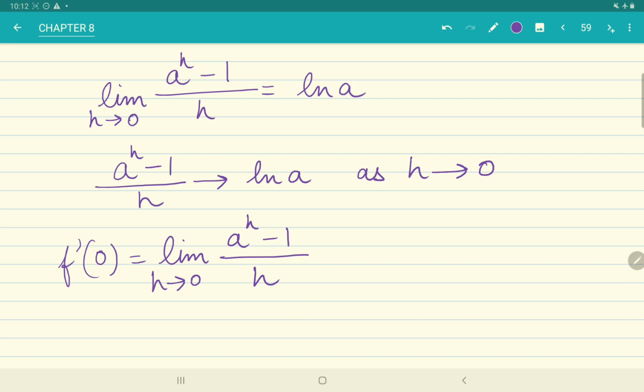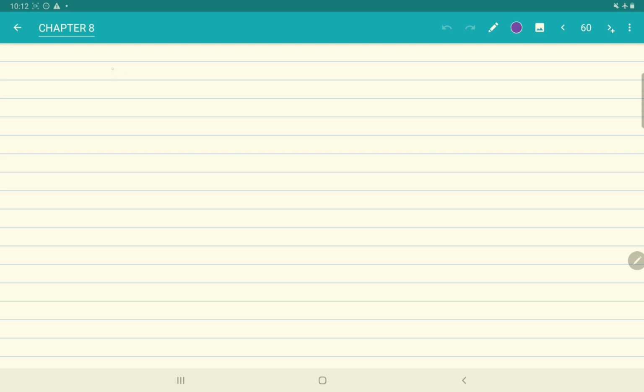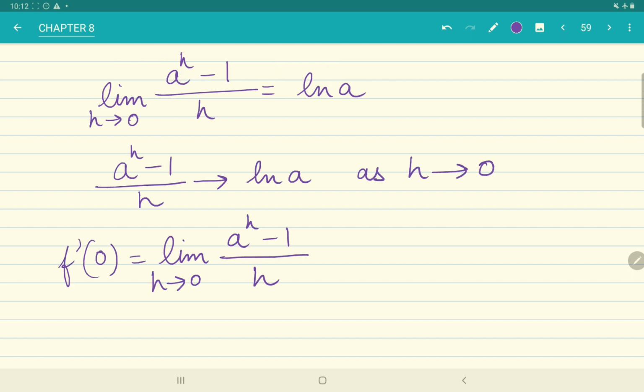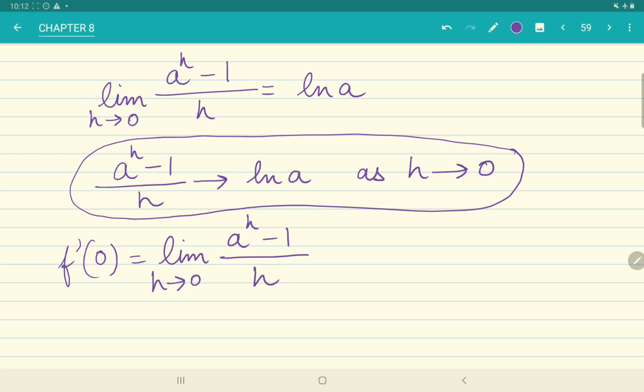In this case, now I replace a by x. If I replace a by x, what do I have?